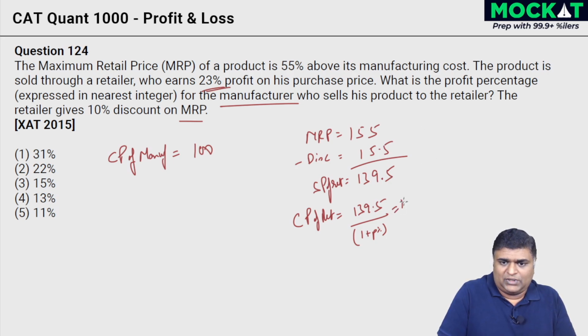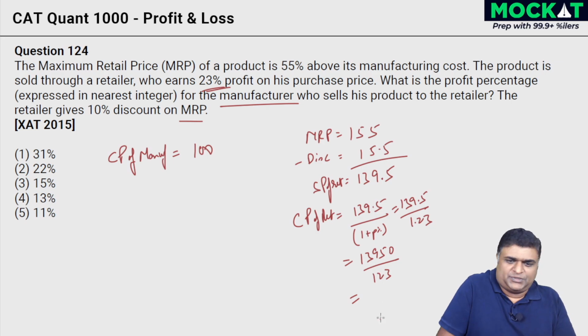So this is nothing but 139.5 by 1.23. Now multiply and divide by 100, you're going to get 13,950 by 123. What is this approximately coming to? 123s are 123, remainder is 16, 165, one more 123. 165 minus 123 is coming to 42, 420.